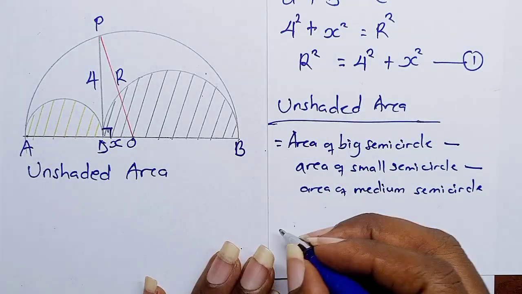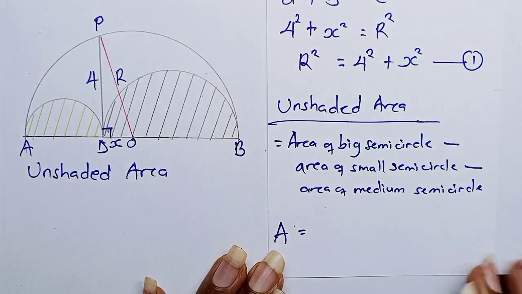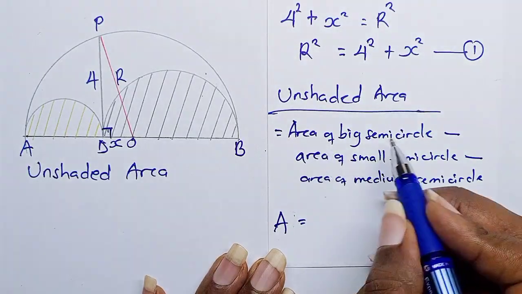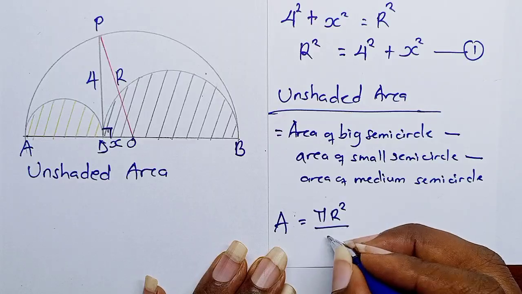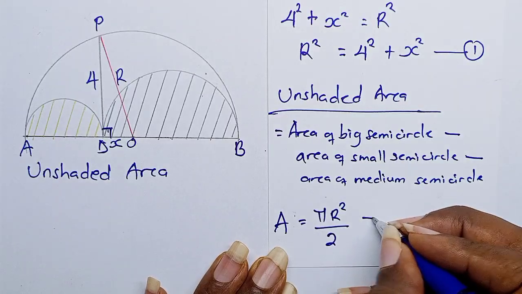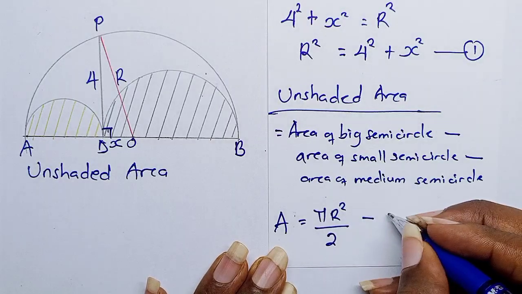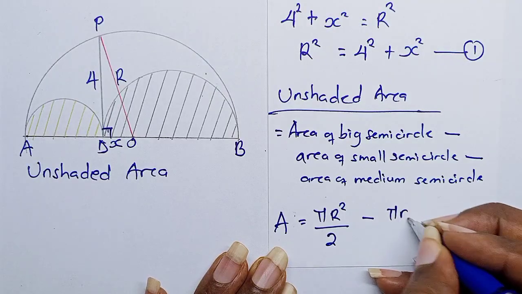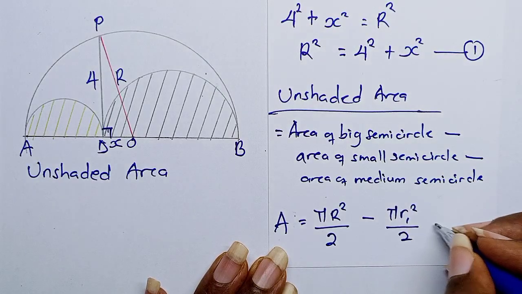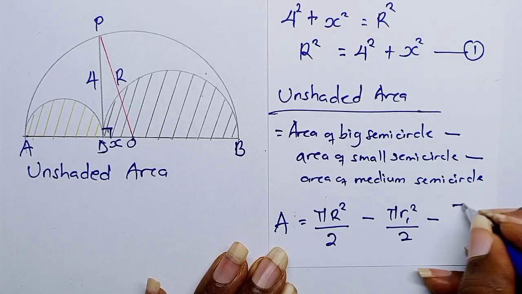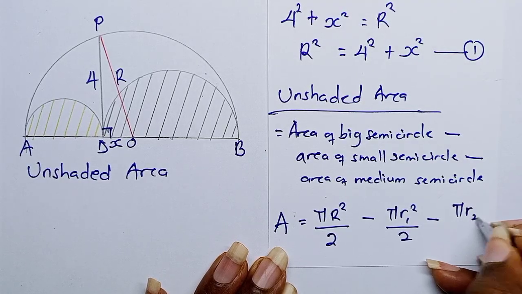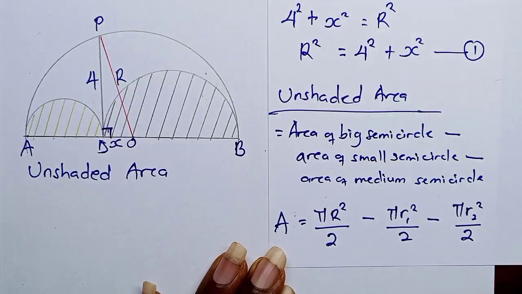Okay, so the unshaded area will be equal to the area of the big semicircle, which is pi capital R squared over 2, minus the area of the small semicircle, pi R1 squared over 2, minus the area of the medium semicircle, pi R2 squared over 2.